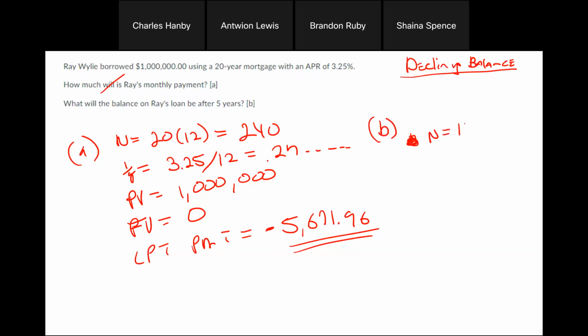After 5 years, there's 15 years remaining on the mortgage. 12 payments a year is 180, and then we compute PV, and we get $807,202.18. So, remaining payments.